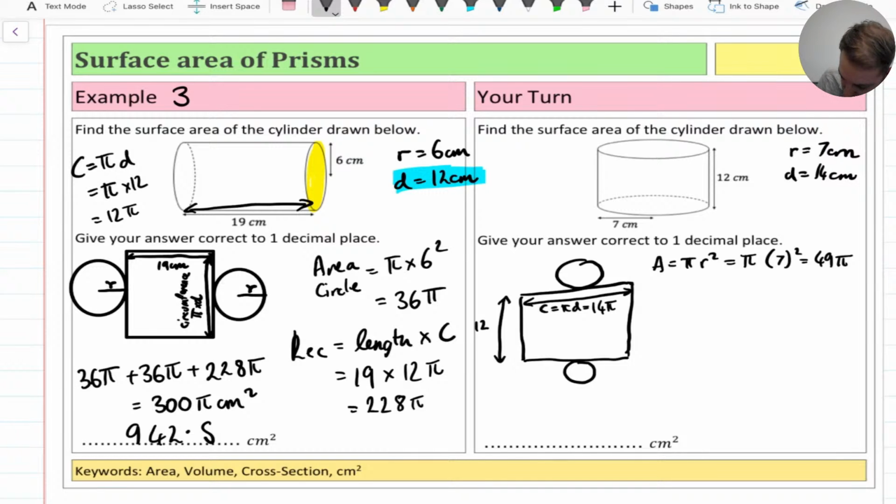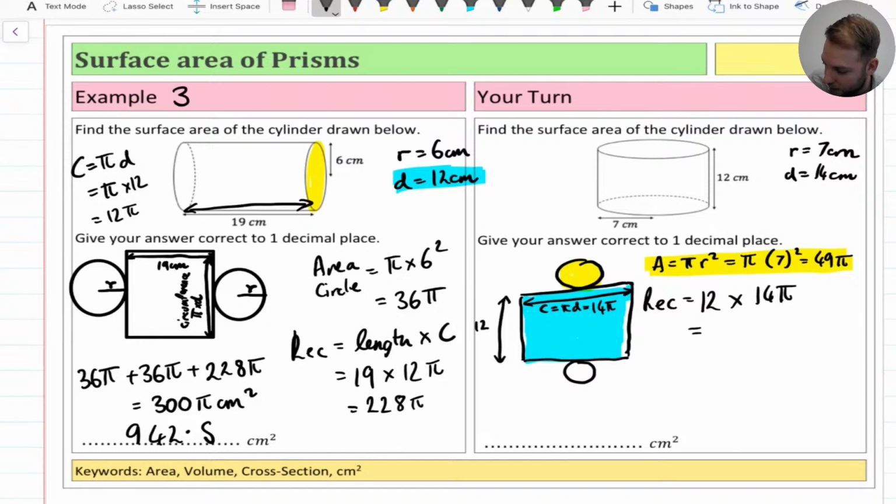So that's the area of the circle. I might even highlight that just so you know it. Then the area of the rectangle in the middle is equal to the width, which is 12, times the length, which is 14 pi, the circumference.